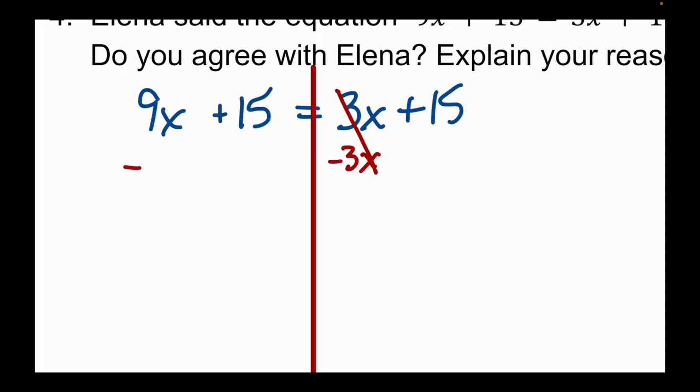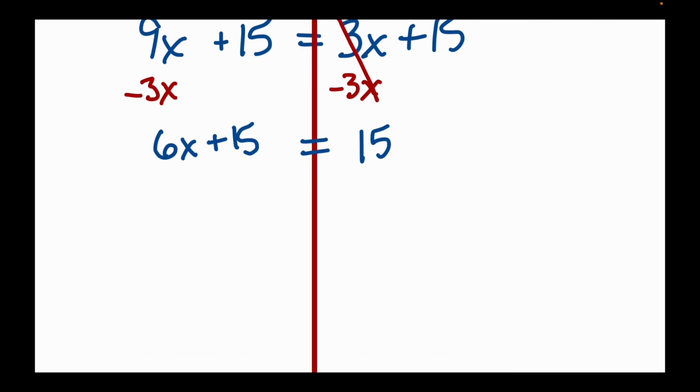That will get rid of this here. And on the left, this is just going to create 6x plus 15. And we're going to say this is equal to 0. So just a positive 15 left on this side. Okay, so all of my x's are on the left.